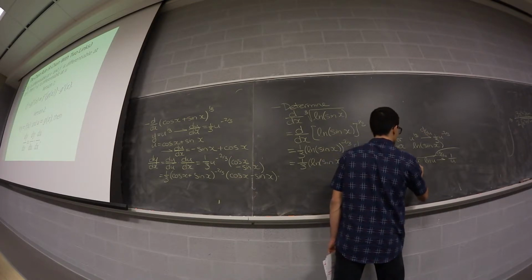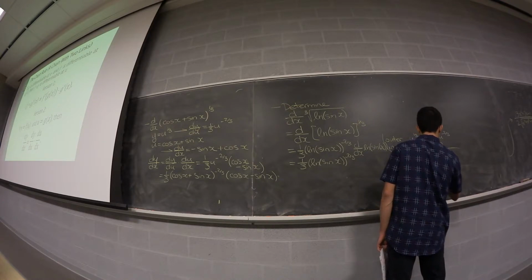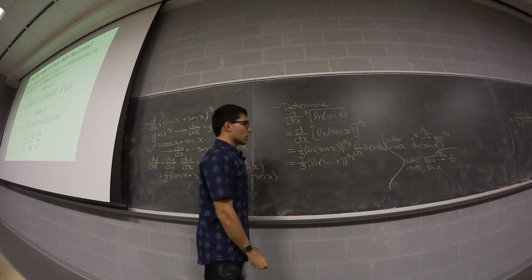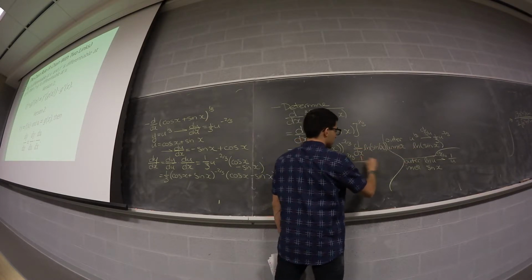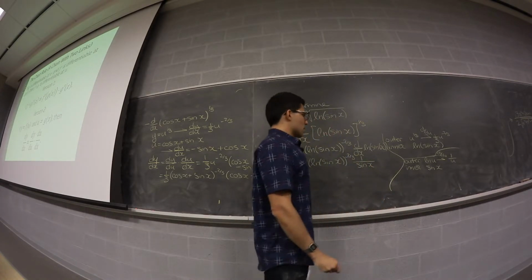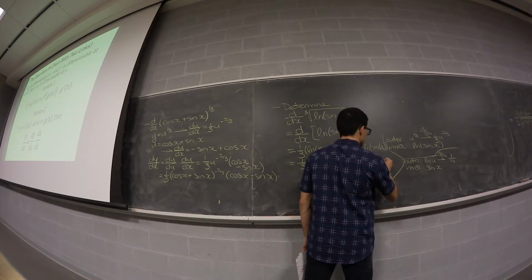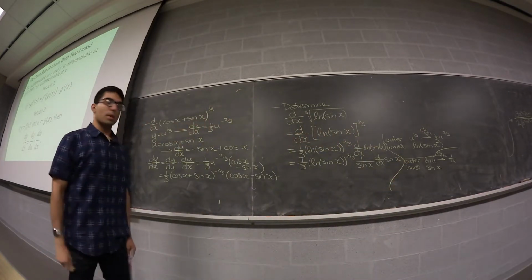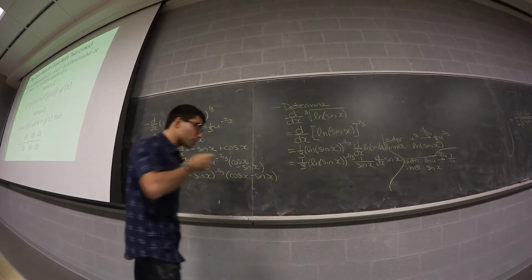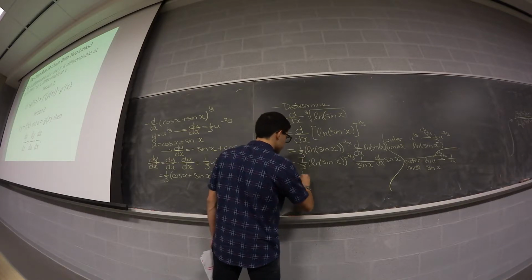And the inner function is sine x. Okay. Derivative of outer, the reciprocal function, evaluated at inner, which is sine x, times derivative of inner function. That make sense? So I just go from the outside in. And derivative of sine is just cos. So now I'm done.